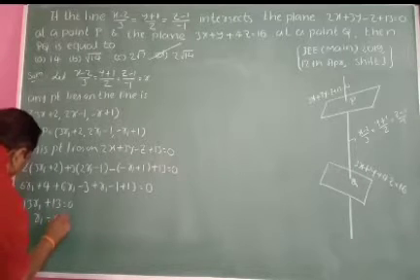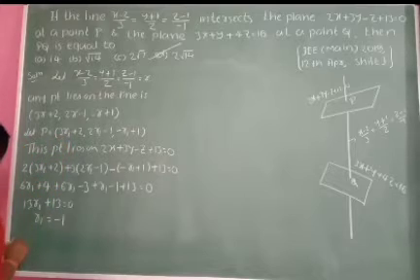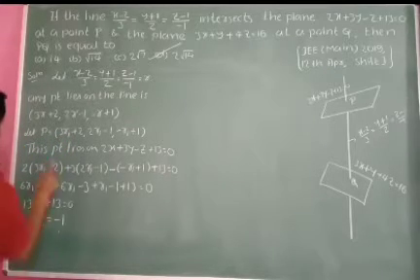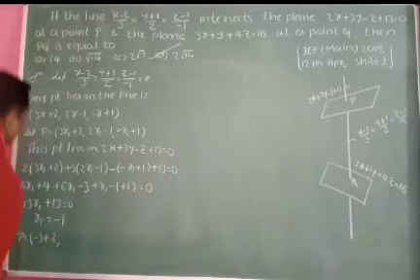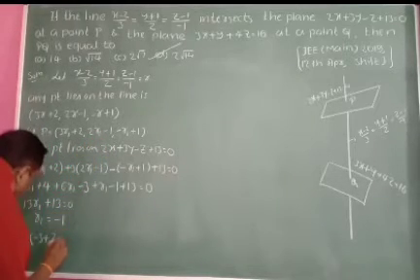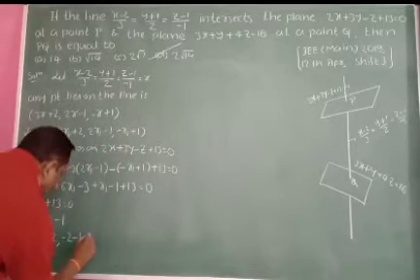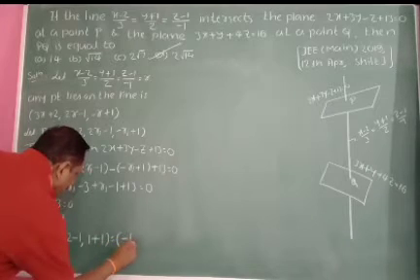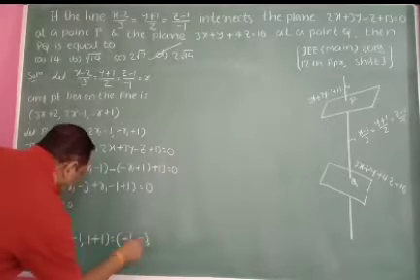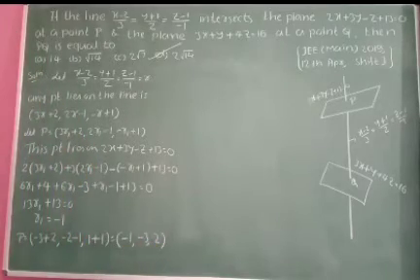Hence r1 is equal to minus 1. Put r1 equal to minus 1. Therefore P is (minus 3 plus 2, minus 2 minus 1, 1 plus 1), that is (minus 1, minus 3, 2). This is the coordinate of the point.